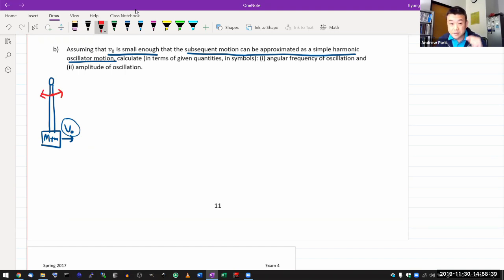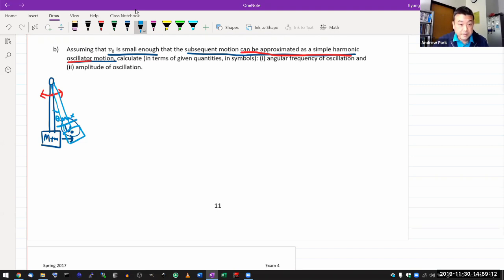And it's saying a second thing about how it can be approximated as simple harmonic oscillator motion. If you remember, a pendulum is an example of something that's not necessarily a simple harmonic oscillator. It's also saying that the amplitude, when it gets to the maximum displacement, is small enough that we can use a small angle approximation and treat this as a simple harmonic oscillator.